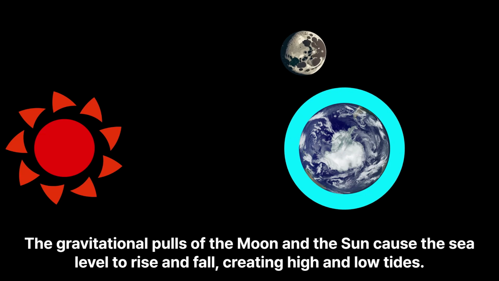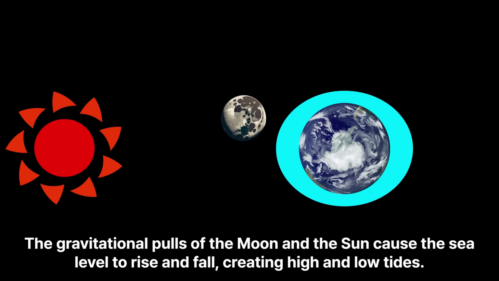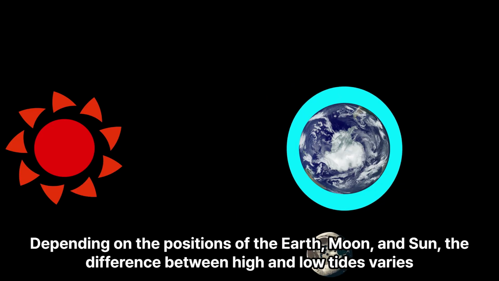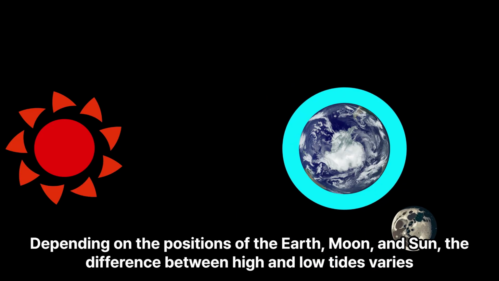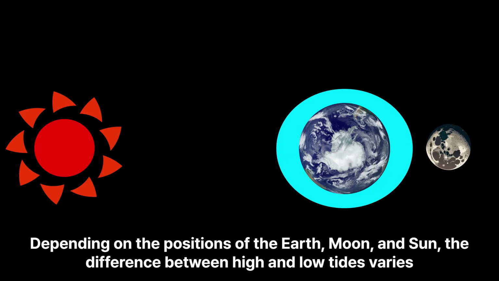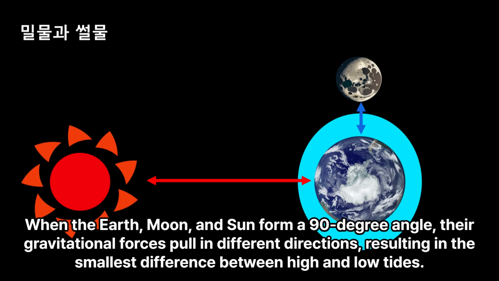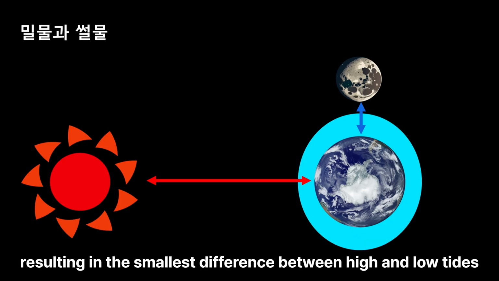The gravitational pulls of the Moon and the Sun cause the sea level to rise and fall, creating high and low tides. Depending on the positions of the Earth, Moon, and Sun, the difference between high and low tides varies. When the Earth, Moon, and Sun form a 90-degree angle, their gravitational forces pull in different directions, resulting in the smallest difference between high and low tides.